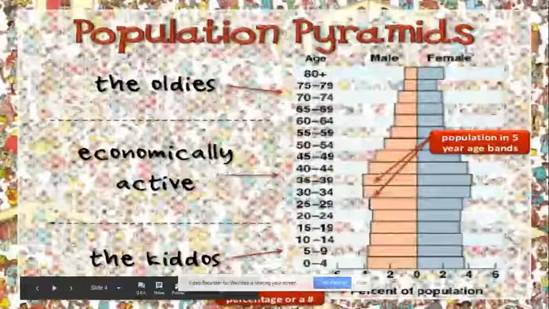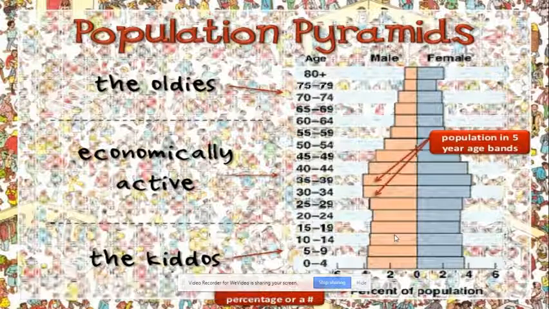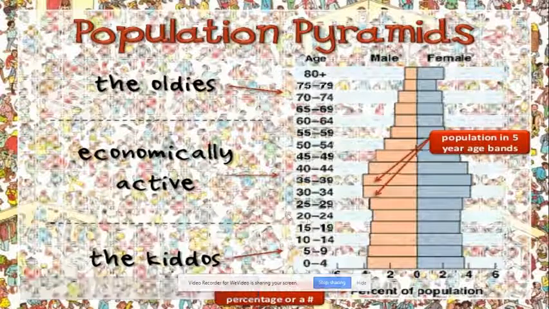On a population pyramid, we generally consider people who are younger than 20 years old, in some places younger than 15, as the children, and we call these dependents in a population. So under 15, especially, are people who are dependent on other people, and generally they're dependent on the economically active population, which is anywhere between 15 and 65 years old, or in this pyramid between 20 and 65.